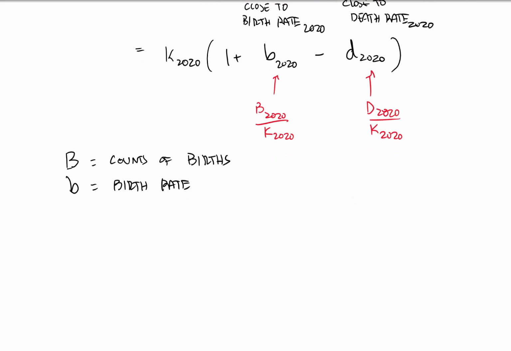So it turns out that this combination of lowercase b minus lowercase d happens quite a bit. It happens so often that we give a special name and a special symbol to that.